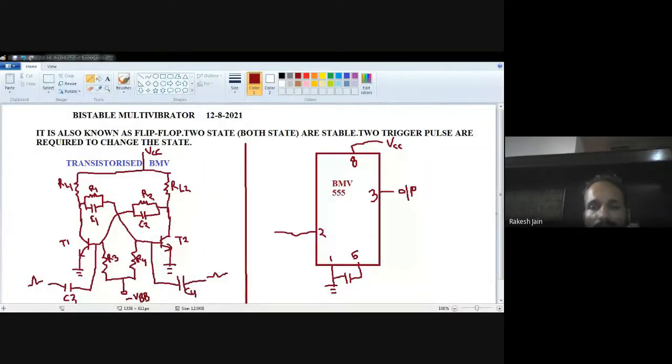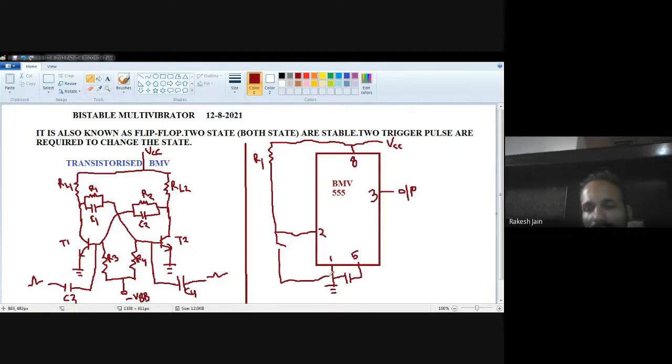So we just connected this second number pin with the eighth number pin, that is connected with the VCC, via resistor R1, so that a voltage drop will be created and a trigger pulse can easily be applied. So R1 goes to this second number pin. Now a switch is connected in between that and the ground terminal, so whenever we want, we can apply the trigger pulse.